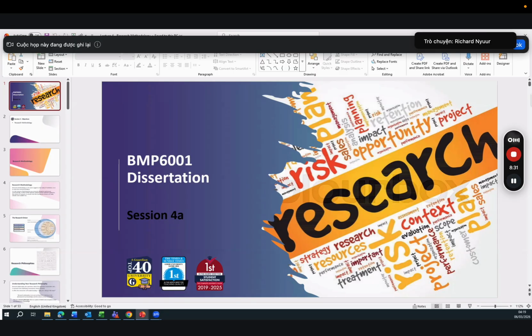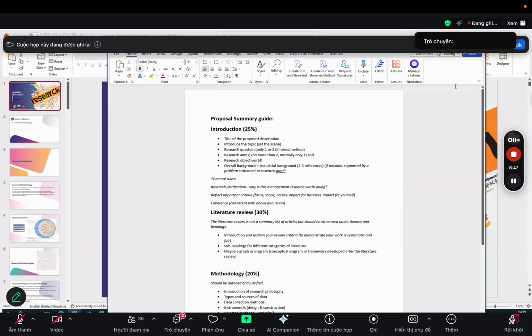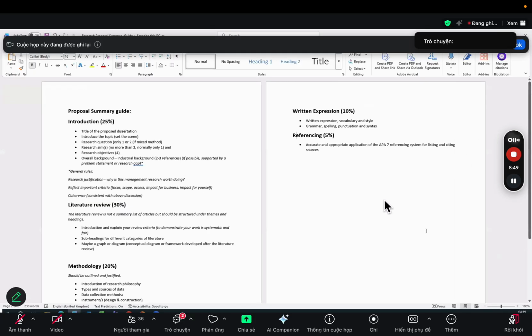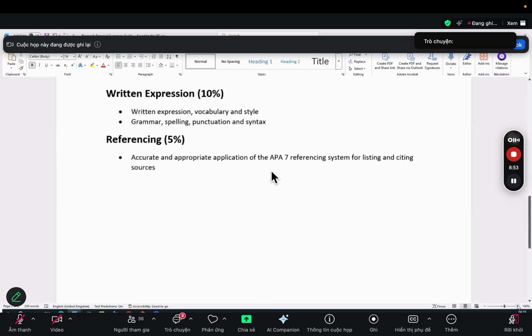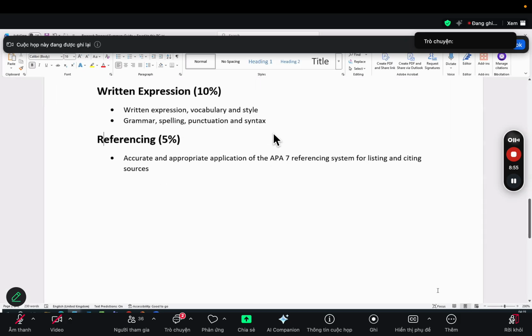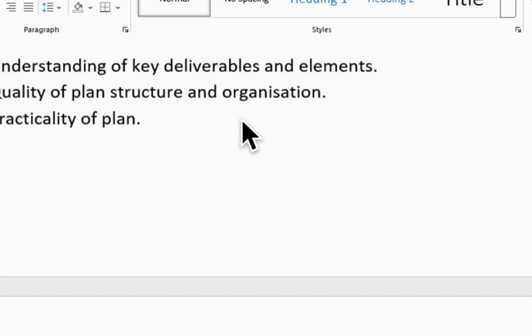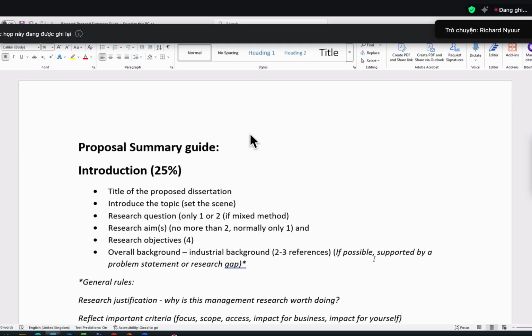So let me try and share this with you so that you may be able to see what I'm talking about. So for the proposal stage, this is what I expect from you.